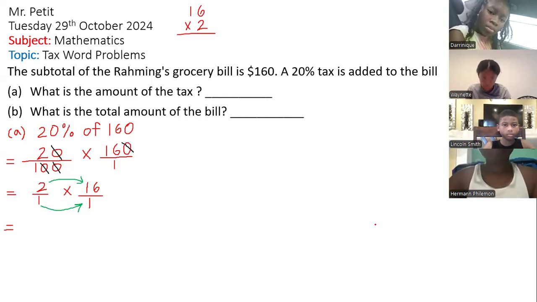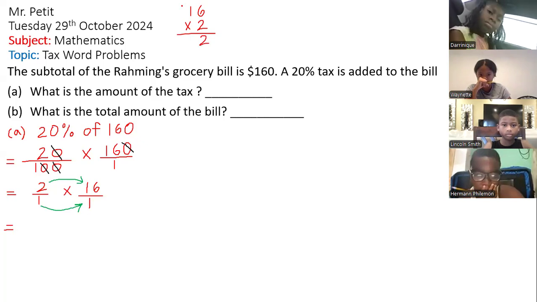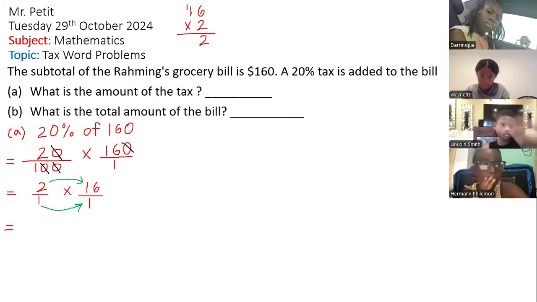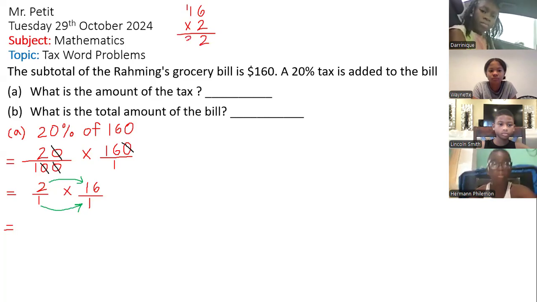Is it 30, 32? 2 times 6. What is 2 times 6? 12. Put the 2 down. Put the 1 above. 2 times 1 is what? 2, 2 plus 1 is? 3. Very good.